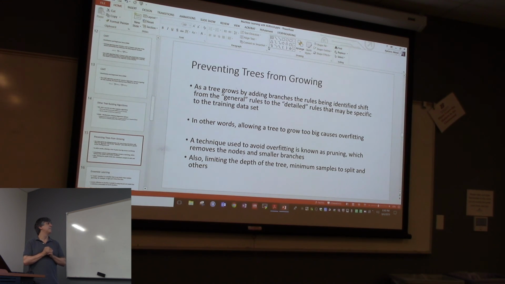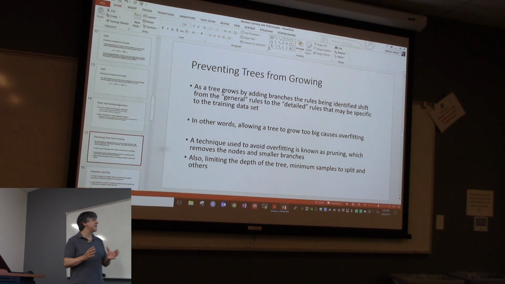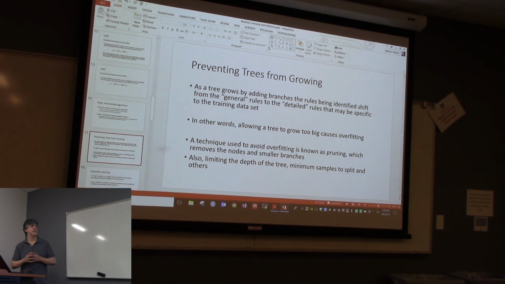So when you train the tree, you have to limit some of the parameters and, of course, tinker with that and tune the tree, so it is general enough to predict, even if it's not with the best accuracy, for the whole population of samples that you want to apply the model on.